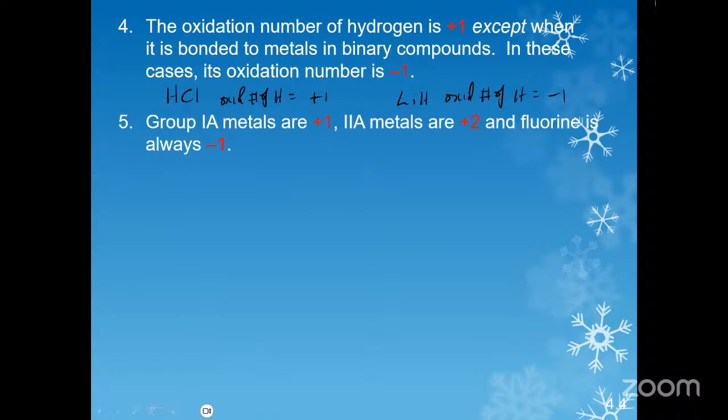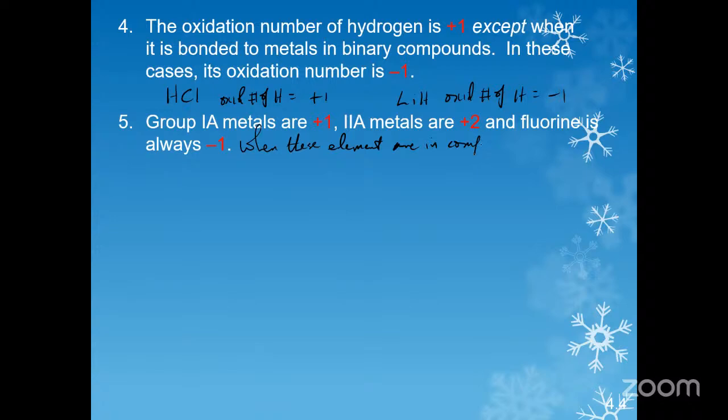Okay, the next rule says, again, we're talking about these elements being part of compounds. Group 1A metals, their oxidation number is +1. Group 2A metals, their oxidation number is +2. And fluorine is always -1. And let me just add here, when these elements are in compounds, right?